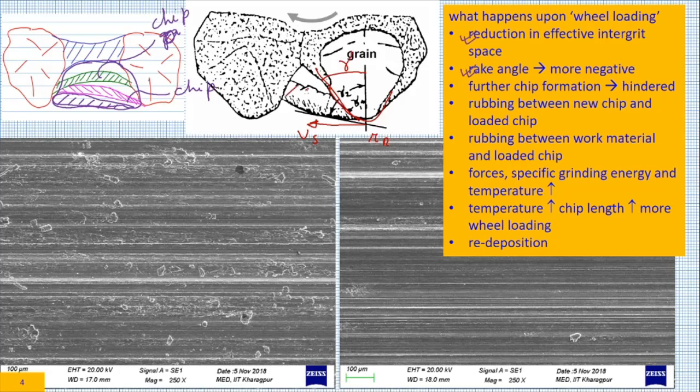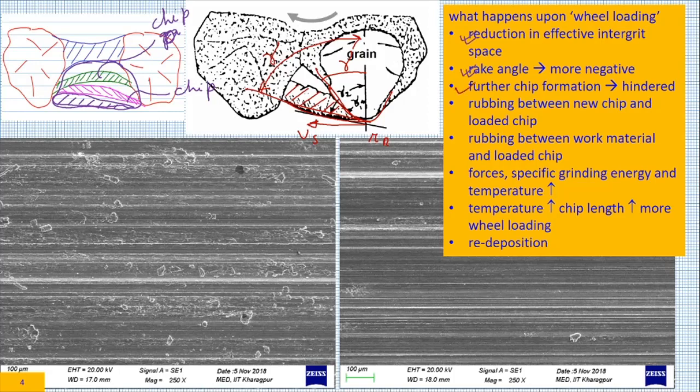Once this chip gets locked, this face of the chip, the grid can no longer form the further chip. A new chip would rub against this particular surface. So if it rubs against this particular surface, then rake angle becomes this one. Effective rake angle becomes more positive.